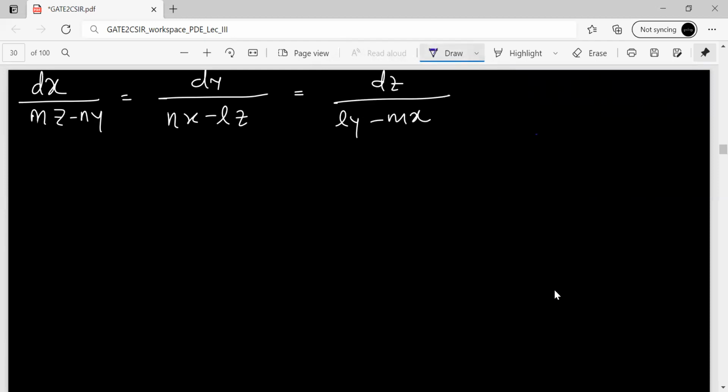So just a moment, this is mz and this is zl. What if I multiply this one by l and this one by m? And of course this will be multiplied by n. Now let us see the effect. If the denominator becomes 0, then I'm happy.